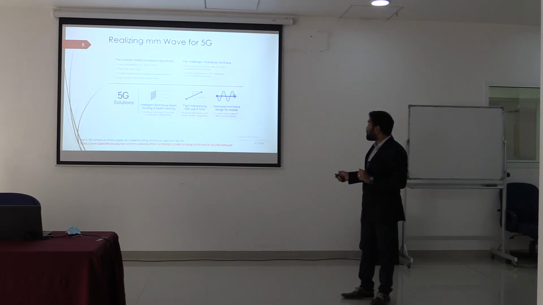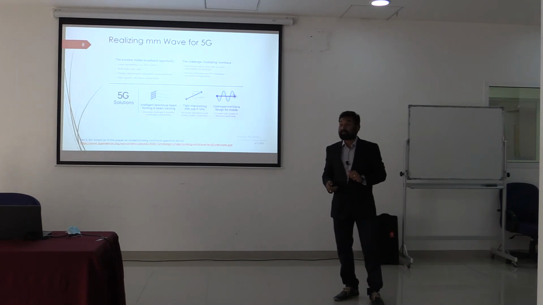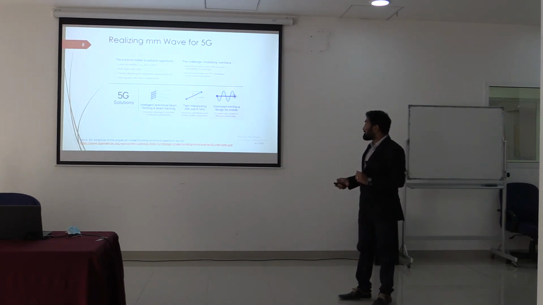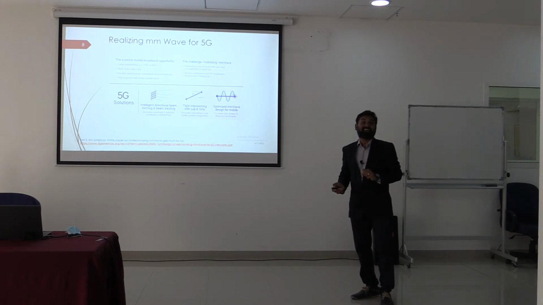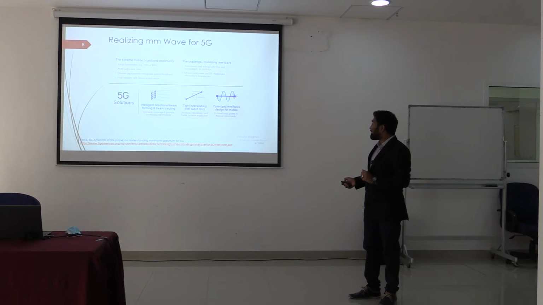So how are we going to effectively resolve or reduce these effects to mobilize the millimeter wave spectrum? The solutions are threefold. The first one is intelligent directional beam forming and beam tracking through hardware or software related technology. The second one is tight interworking.